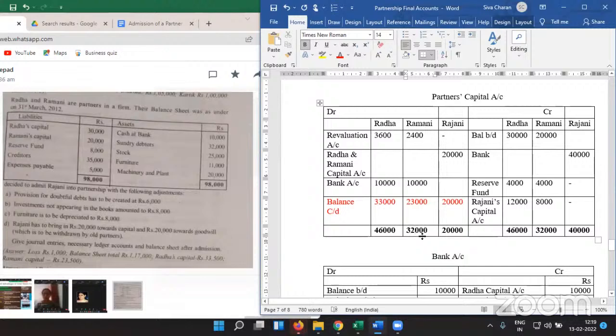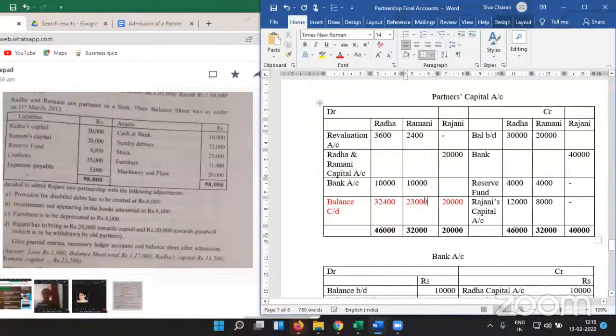Now from 46,000 minus 13,600, it is 32,400.